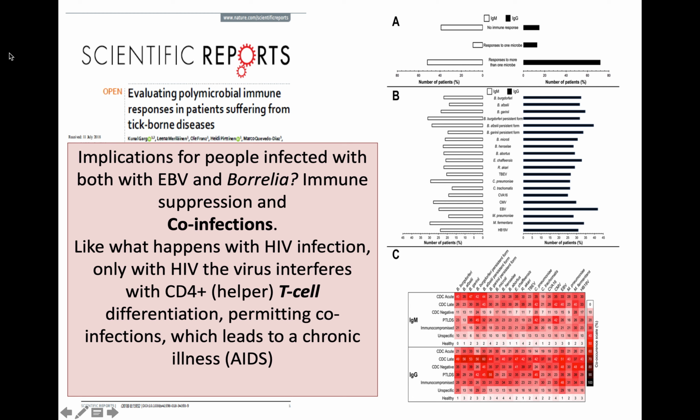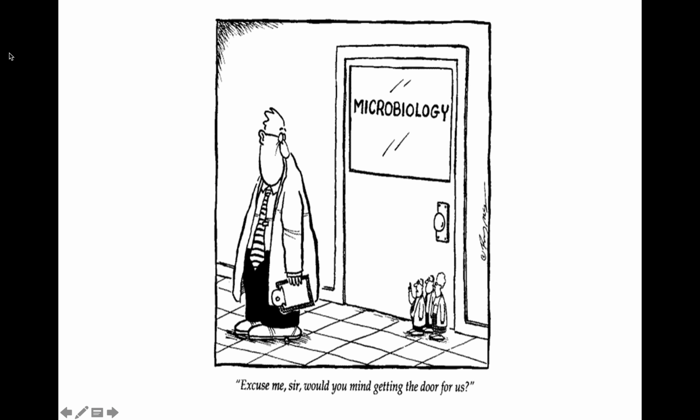So this is just some news and research on not only stealth pathogens, but also on co-infections, being infected with more than one pathogen. On that note, I'm going to end.